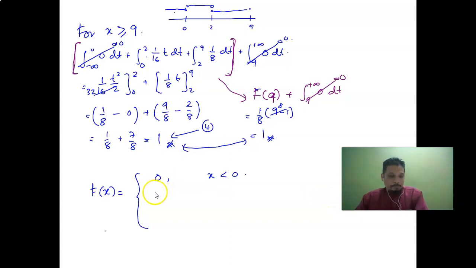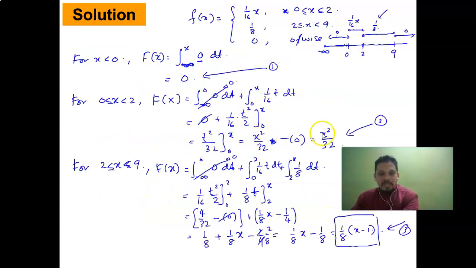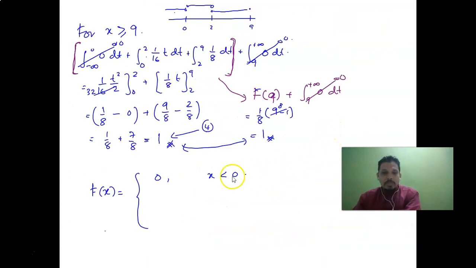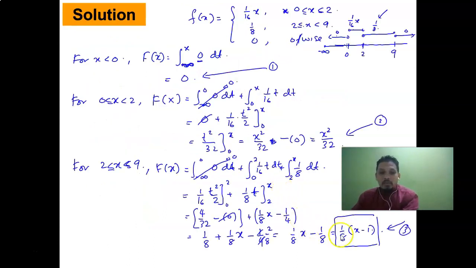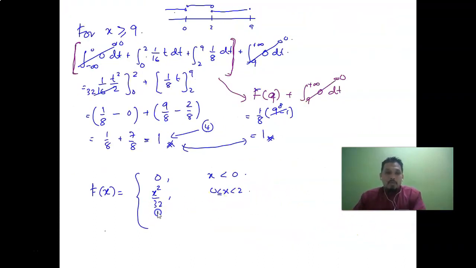The next is x squared over 32, for x in between 0 until 2. Then 1 over 8 multiplied with x minus 1, for x lies in between 2 until 9. And finally, it is equal to 1 for x greater than or equal to 9.